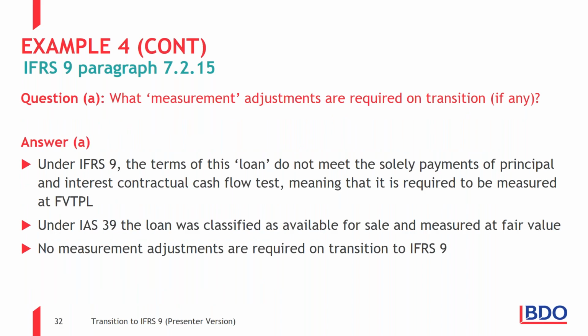So, question 1, what measurement adjustments are required on transition, if any? Now, under IFRS 9, the terms of this loan do not meet the SPPI test, and therefore they'll have to account for this loan at fair value through profit and loss. However, under IAS 39, the loan was accounted for as an available for sale financial asset, which means in the balance sheet it would have been at fair value.